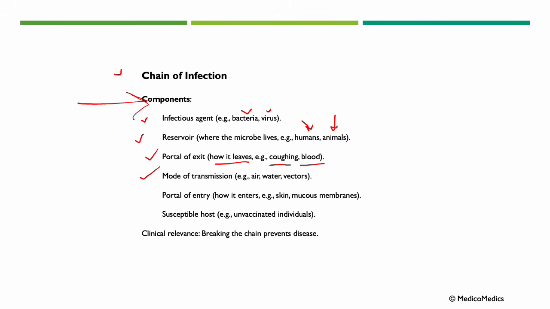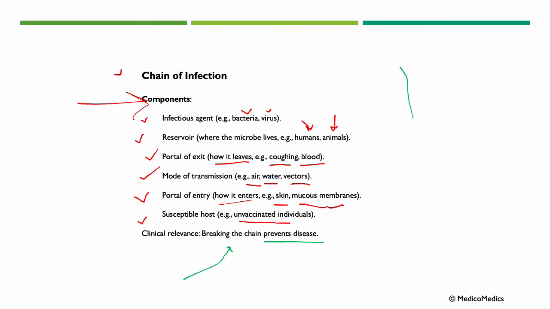Mode of transmission, like air, water, or vectors. Portal of entry, so how it enters via the skin or mucous membranes. Susceptible host, for example, unvaccinated individuals. And the idea is that breaking this chain will prevent diseases.